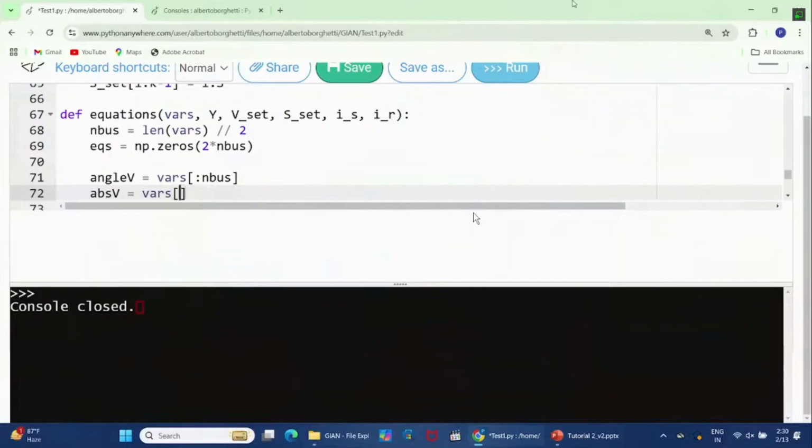Knowing that the number of buses is 2, the first are element 0 and element 1, which are the angles. And then in the second instruction we put 2. So we put 2 until the end. The end is 3, because Python starts counting from 0. So it is n bus until the end.